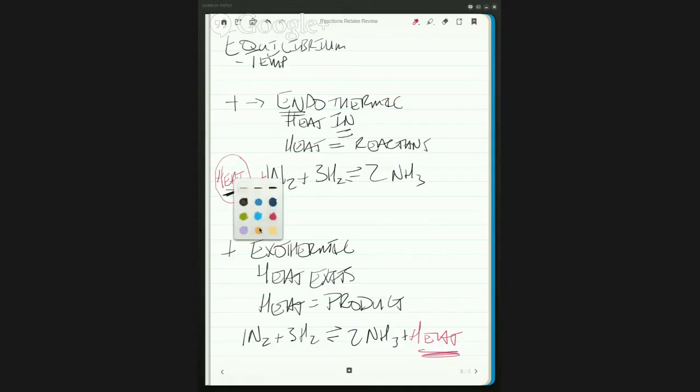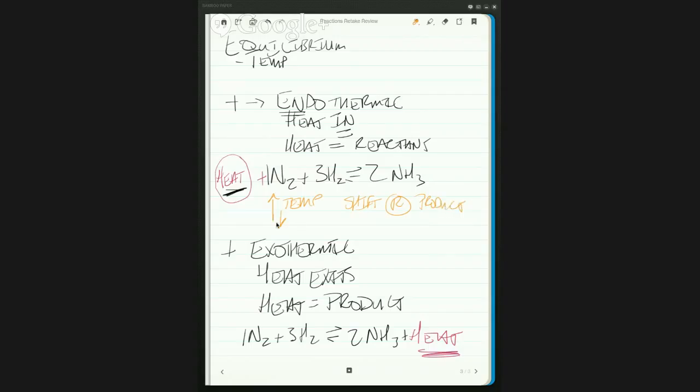I'm going to write here: if you increase temp, it's going to push that side down on your teeter-totter, so it's going to shift right. Okay, it's going to shift forward, or to the product side, right? To the product side.